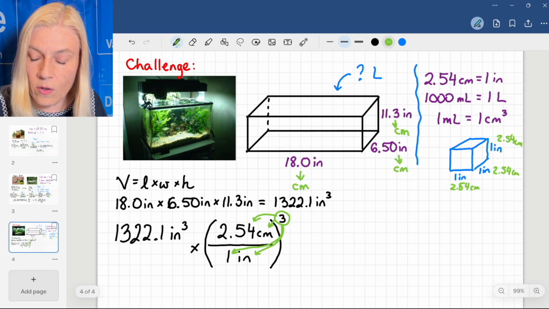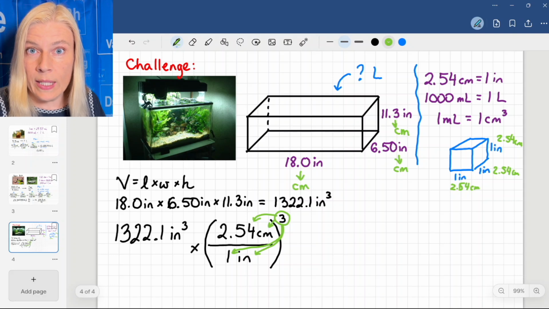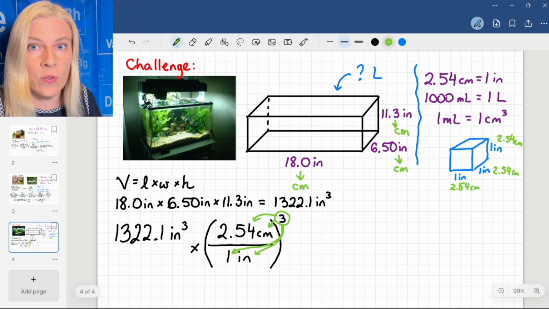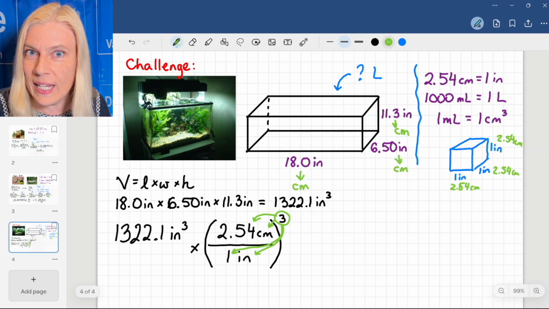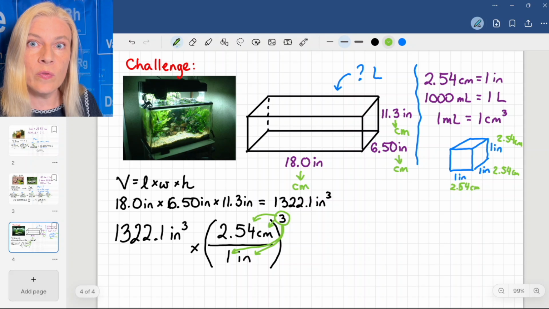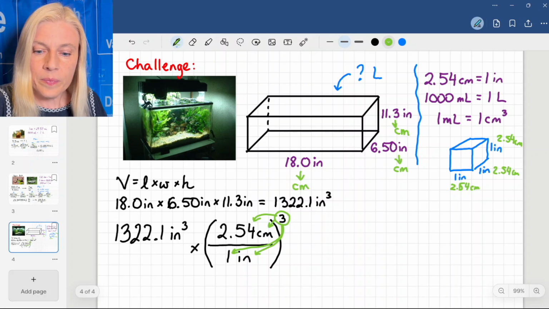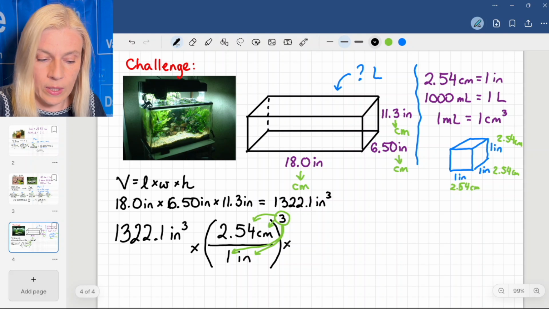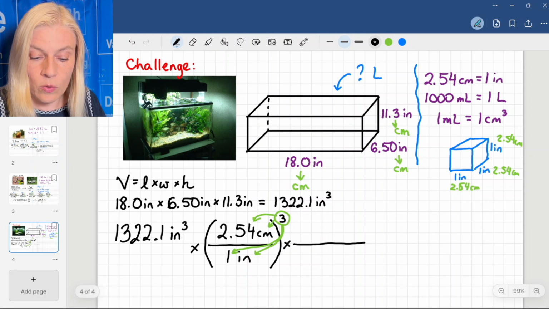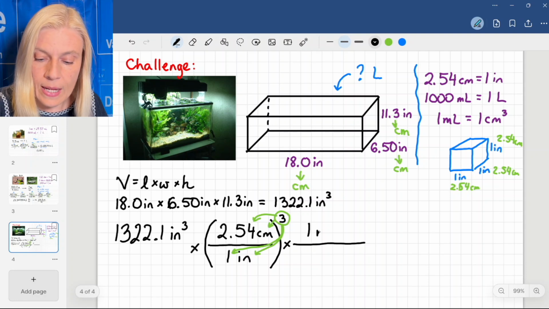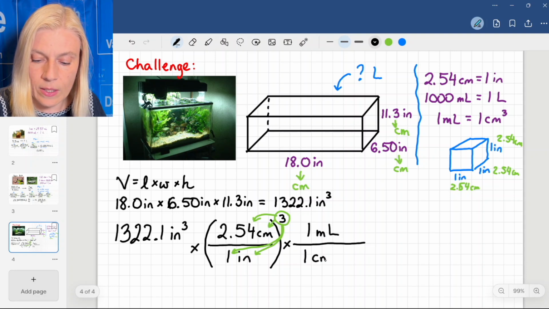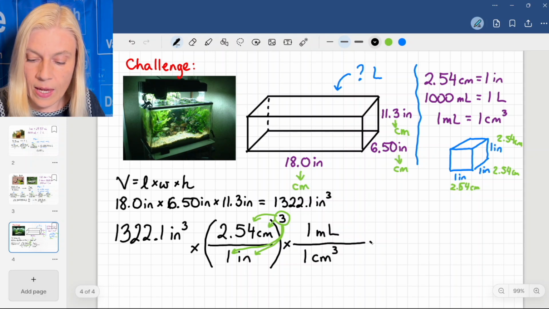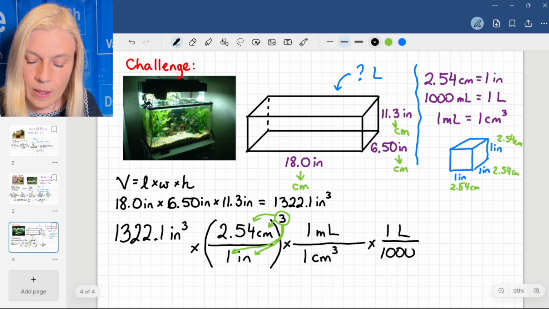So if I want to find the volume of this cube, I'm going to say 1 inch times 1 inch times 1 inch, which is 1 inch cubed, or 2.54 centimeters times 2.54 centimeters times 2.54 centimeters. So I need to cube the number, cube the unit. Remember, that's the important part here. Then 1 milliliter is 1 centimeter cubed, and 1 liter is 1,000 milliliters.